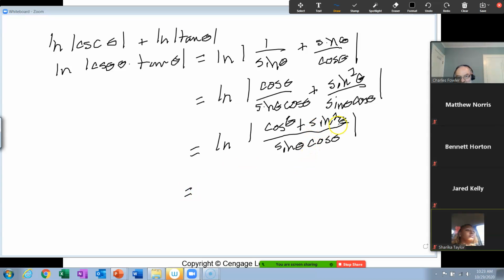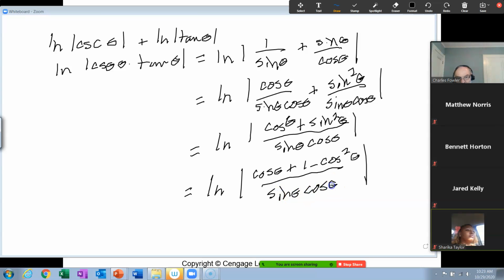Let's get this sine squared theta to be 1 minus cosine squared theta. So this will be the log of absolute value cosine theta plus 1 minus cosine squared theta, because sine squared theta is 1 minus cosine squared theta, over sine theta cosine theta. I hope I haven't made a dumb mistake here.